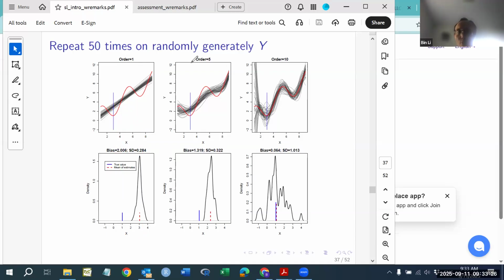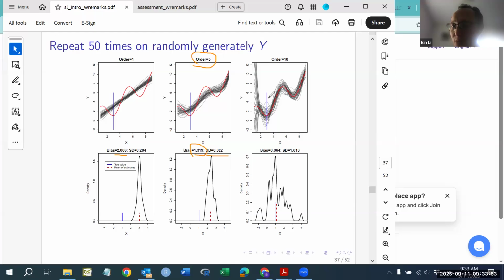But now I increase to the 5th order. When the order is 5, you can see the bias decreases to 1.3. Remember, this one was 2. But the standard deviation increases to 0.3, while this one was 0.28. And this is the order of 10.